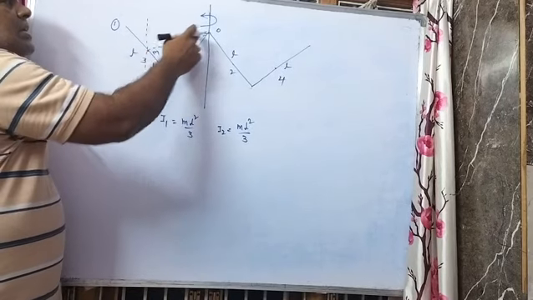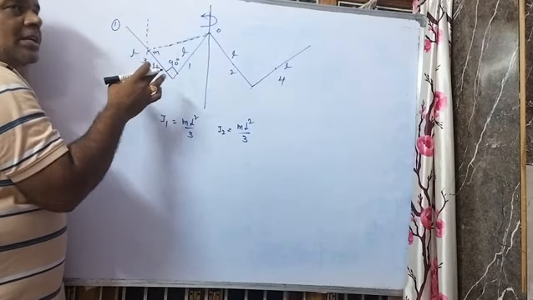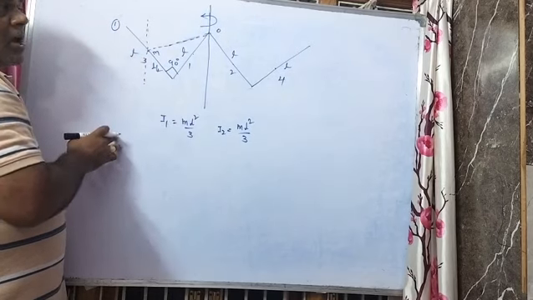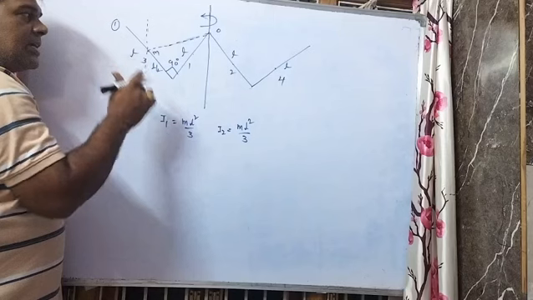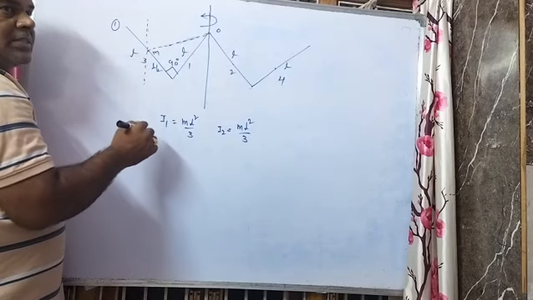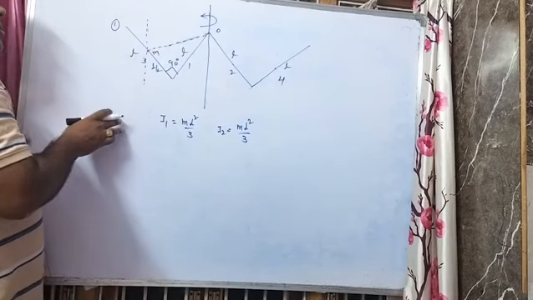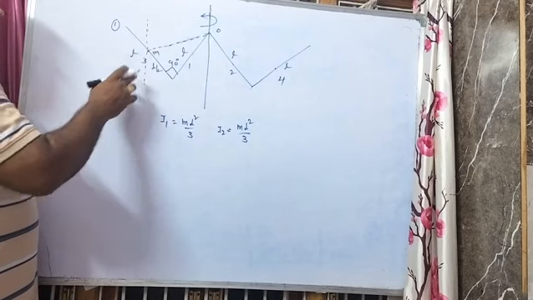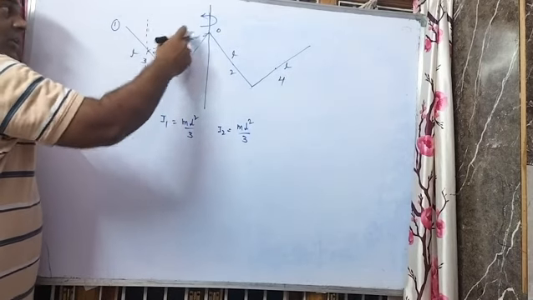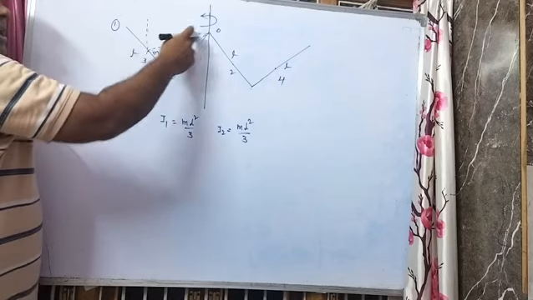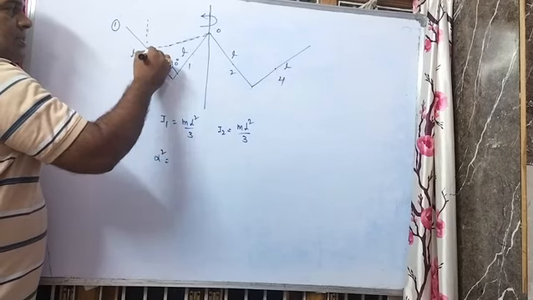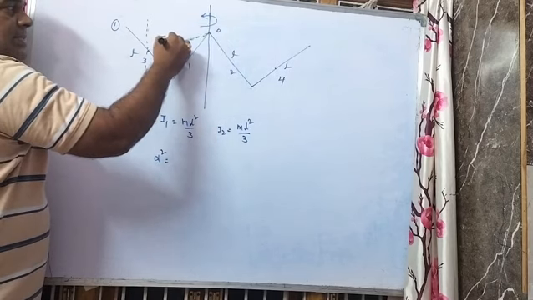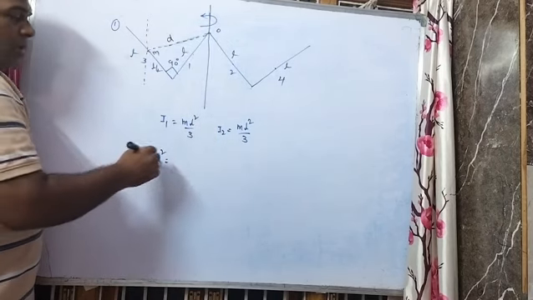Now from here to here, we are calculating the distance. This is a right angle triangle, so we have to draw it. The hypotenuse is the distance from this point to the axis, which we consider d.